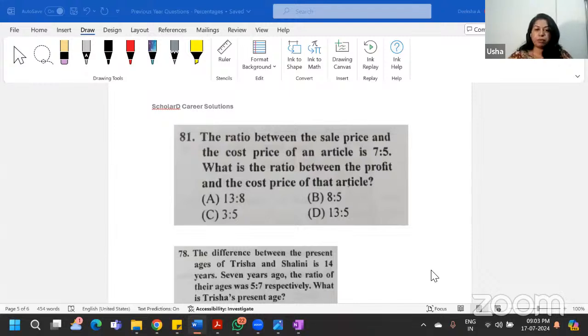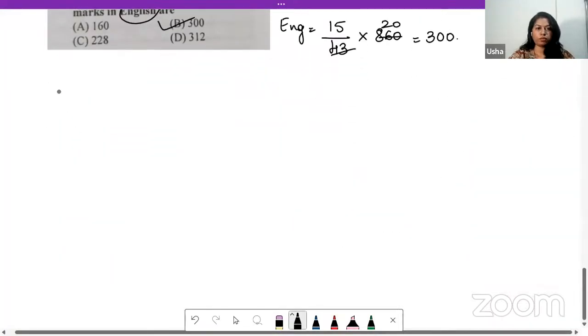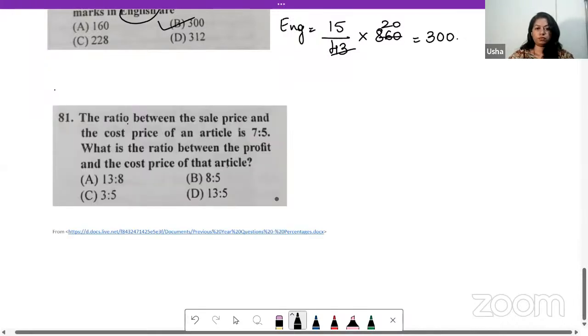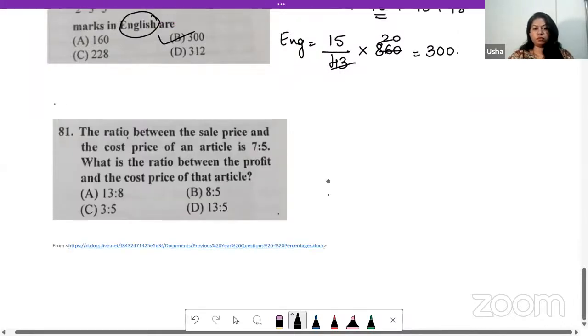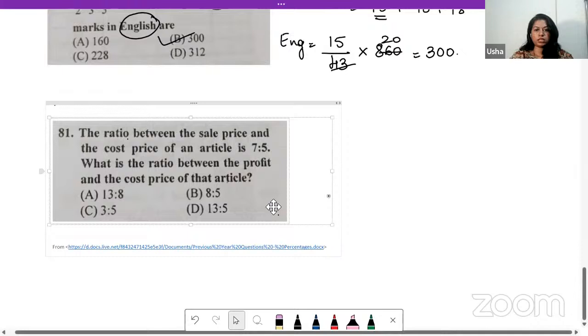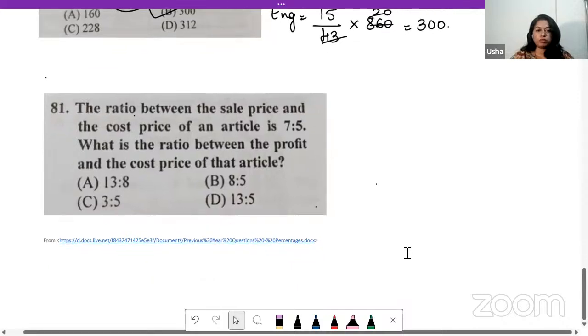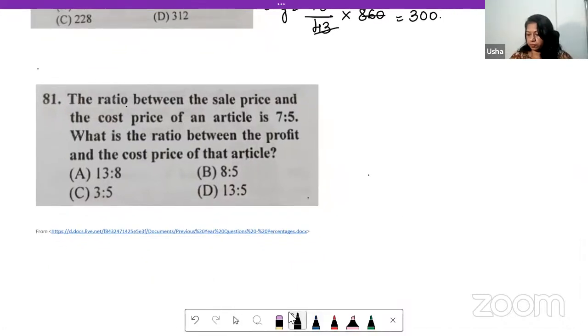The ratio between sale price and cost price of an article is 7:5. What is the ratio between profit and cost price of that article?